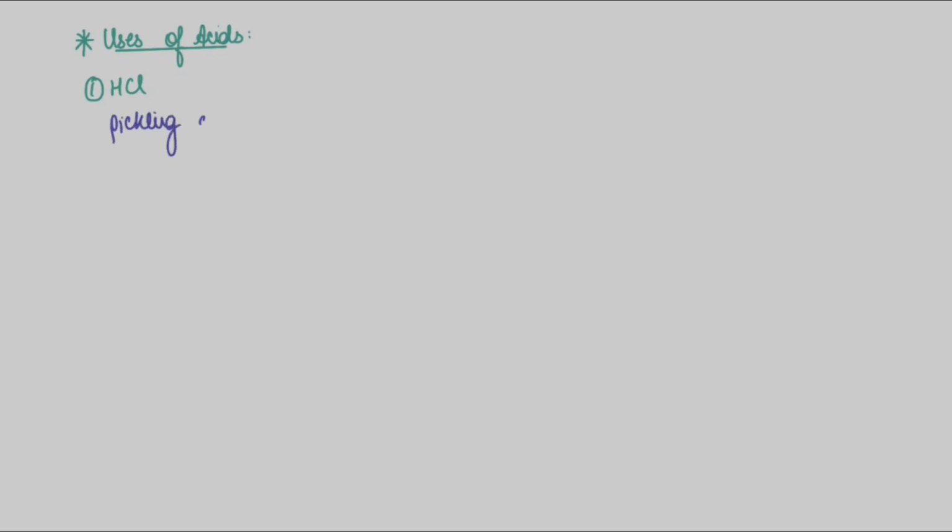Alright, so what is pickling? It's just the removal of oxide layer from the top of some metals. For example, aluminum and magnesium, they form oxide layers on their top surface because it reacts with oxygen. So we add HCl and do a process known as pickling. So pickling of metals, that is the removal of oxide layer.